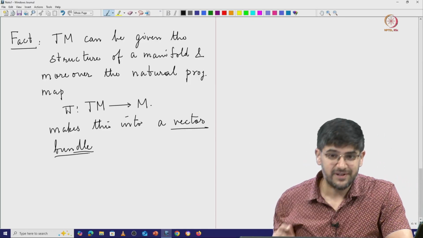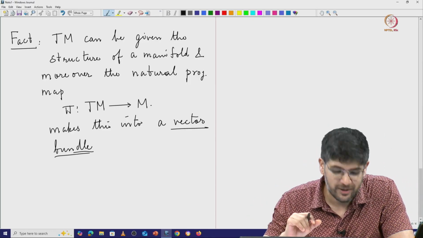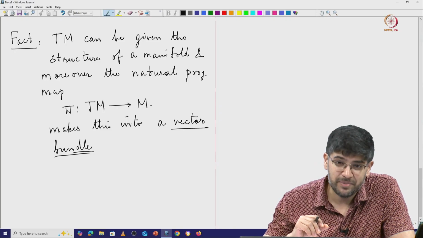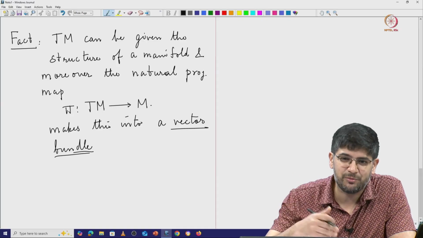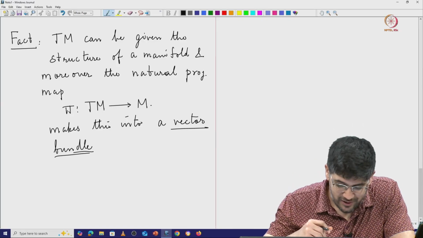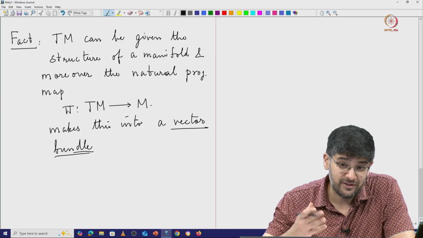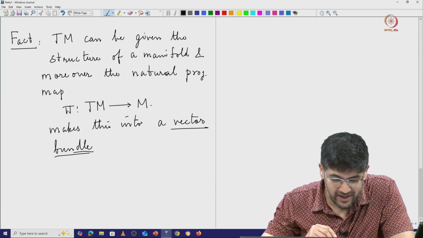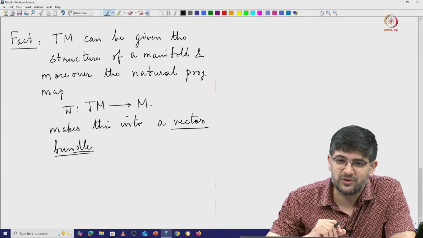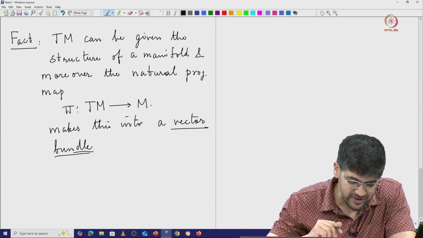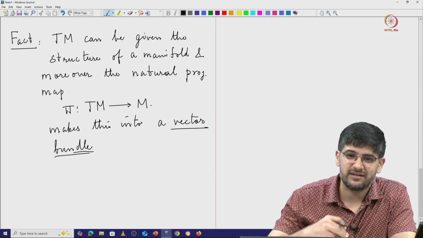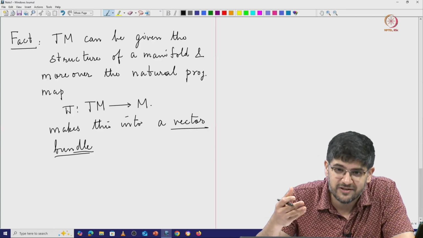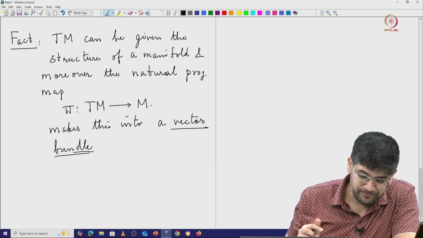Okay, if you haven't seen what a vector bundle is, don't worry about that. We won't actually use this anytime, but in case you're curious, you can just look this up on the internet. In any case, we won't be using the notion of a vector bundle at all in this course, but I thought it's worth mentioning that the tangent bundle is not only a manifold, but it has this additional structure of being a vector bundle.